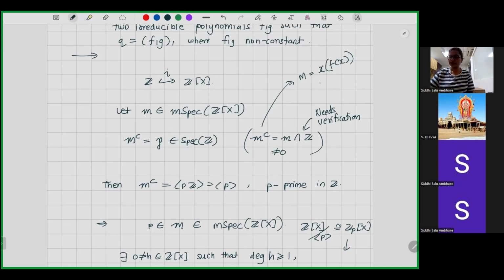In that case, this M will be some ideal generated by x, which is not maximal.